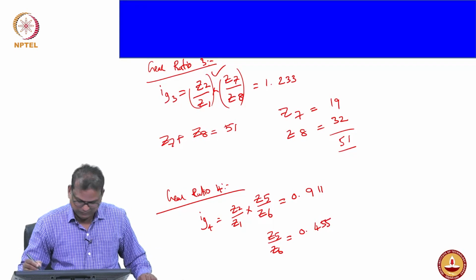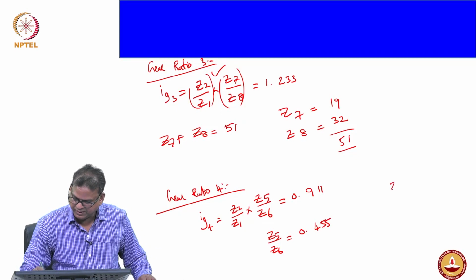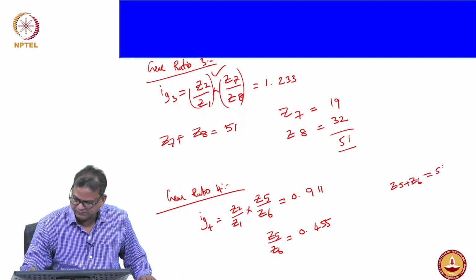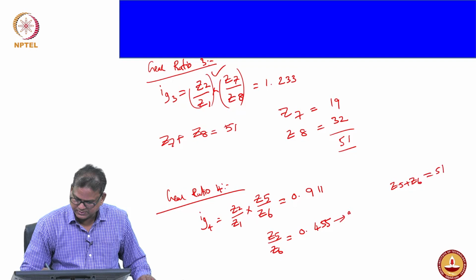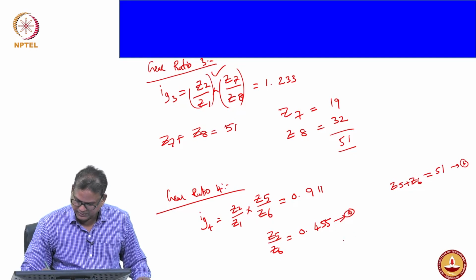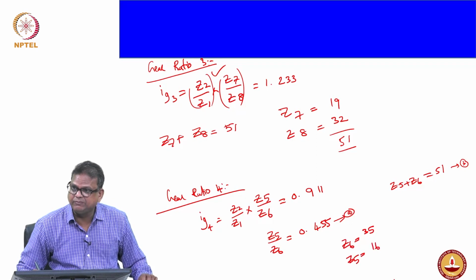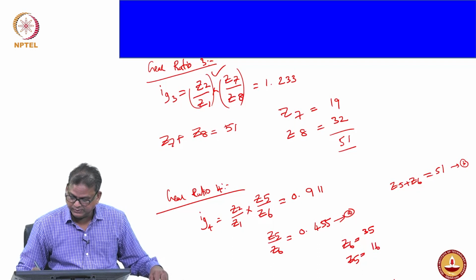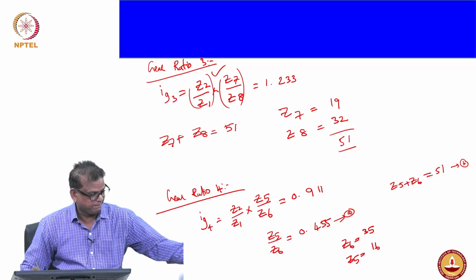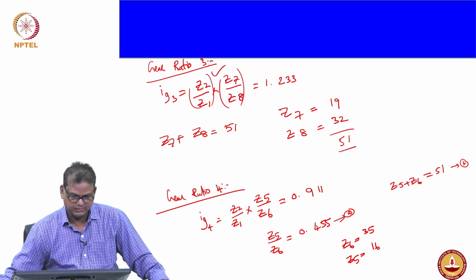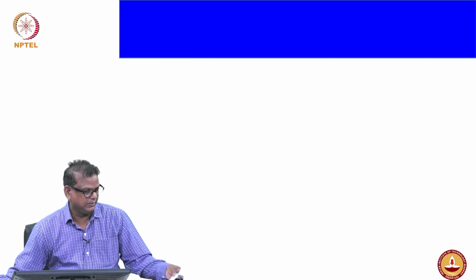We know the summation Z5 plus Z6 should give me 51. When you substitute A and B as you did in the previous cases, I would expect Z6 to be 35 and Z5 to be 16. So this is the number of teeth you would expect for gear ratio number 4.